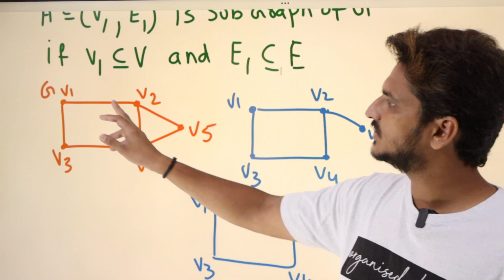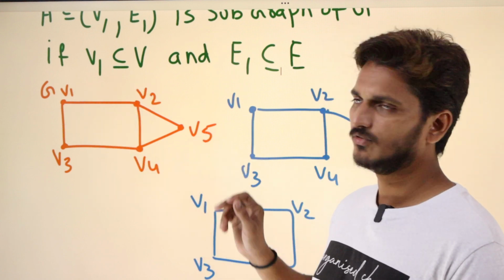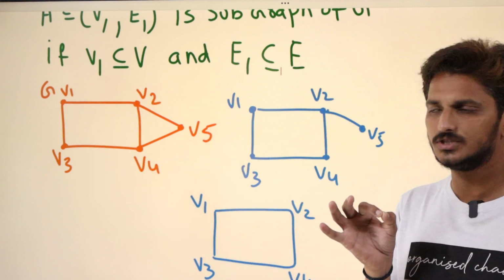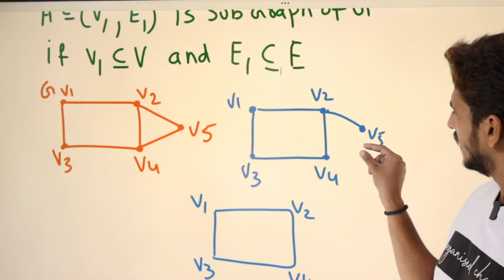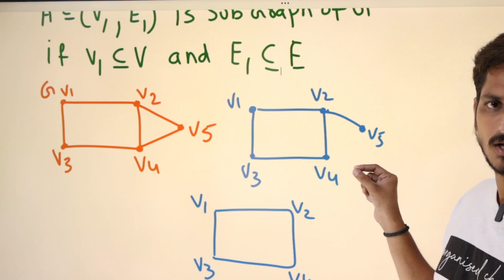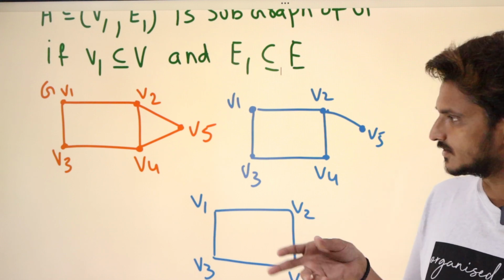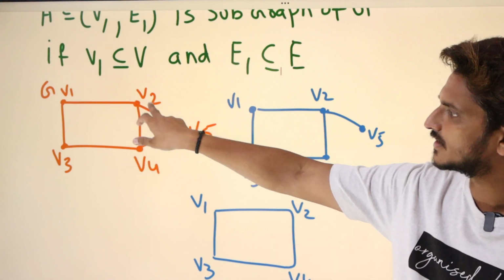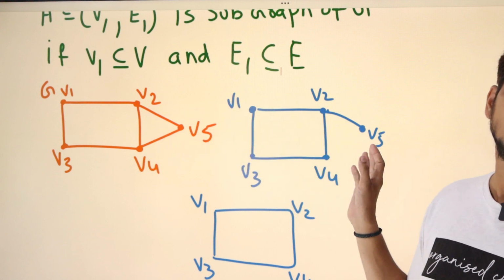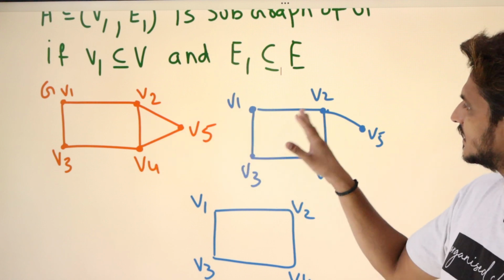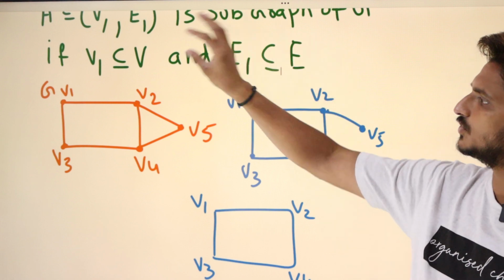Let's take a graph G with vertices V1, V2, V3, V4 and V5. You remove an edge. Yes, this is a graph where this edge is removed. This we call a subgraph. How many edges are there here? 6 edges. Here, 5 edges. All these edges are a subset of this set.